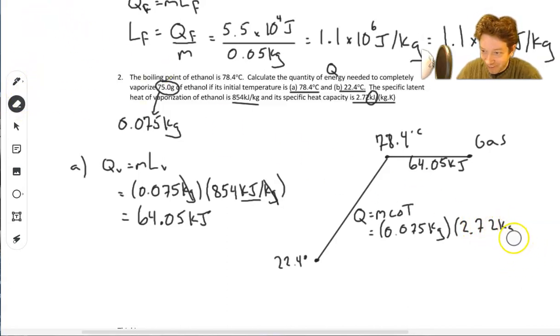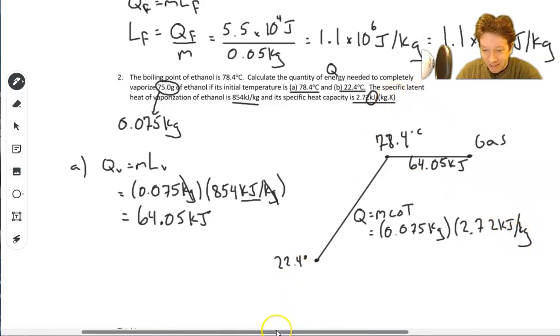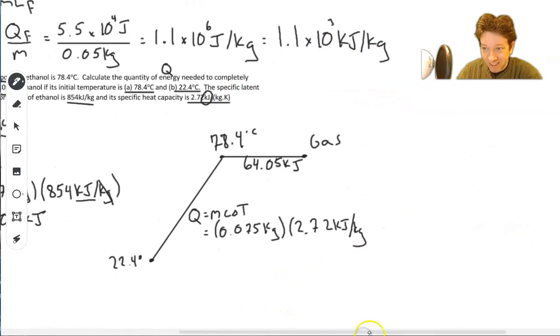I wrote kilograms. Let me fix that. And kilojoules per kilogram. Now it says Kelvin, but again, it doesn't matter. It's the same thing because it's always a change in temperature that we're looking at here. So I can just write degrees Celsius. It would be the same value.